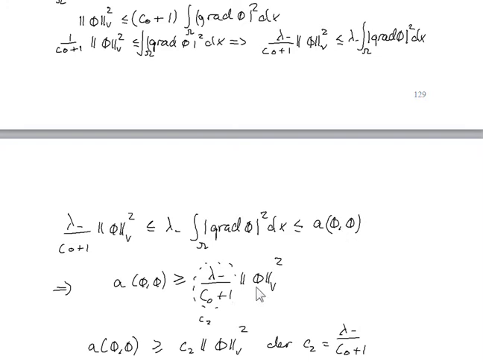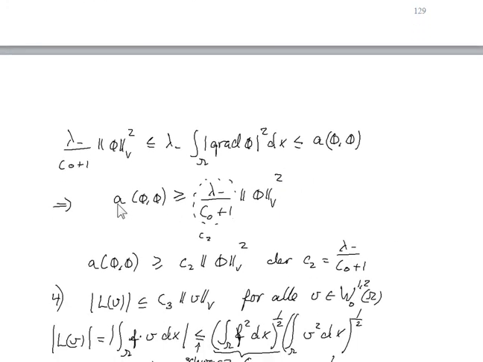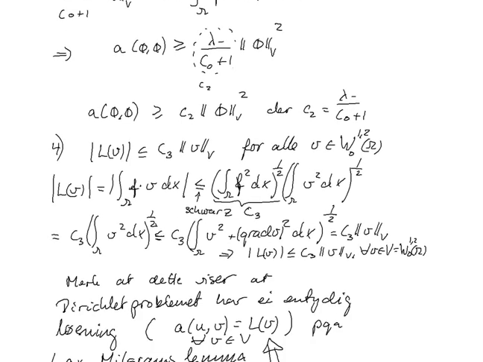So then we are very close to proving the third step. We have proved that a of phi phi is larger than this constant multiplied with the norm of phi squared. And letting this constant be equal to this constant c2, then we have proven what we were supposed to prove. So now we also have proved step 3.